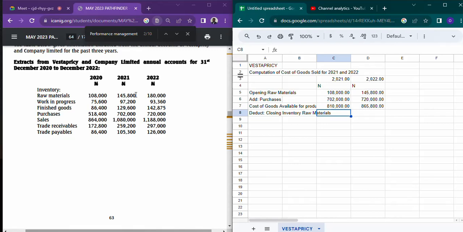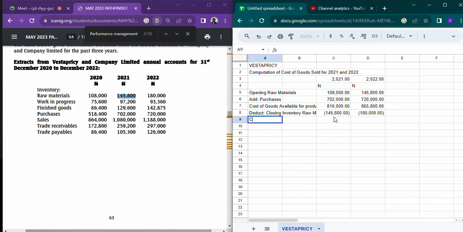It will be on the actual year, 145,800 and 180,000 respectively. You know this thing before now. Is that clear enough?